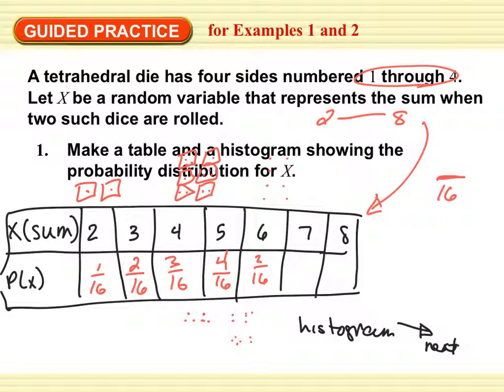That's going to give me 3 over 16. 7, just one way, actually 2 ways. I can get 3 and 4, and 4 and 3, so 2 over 16.